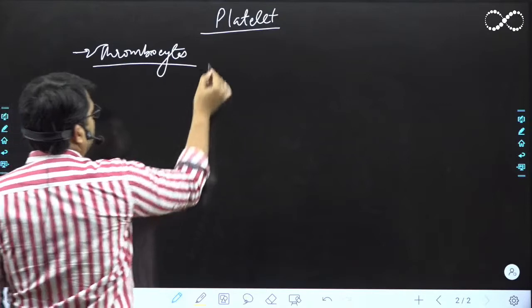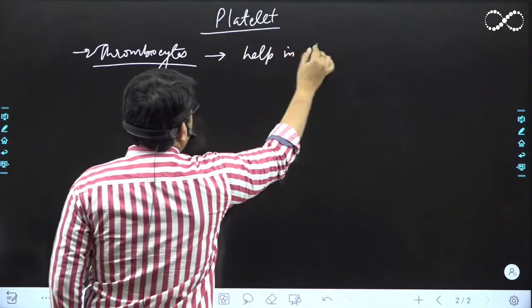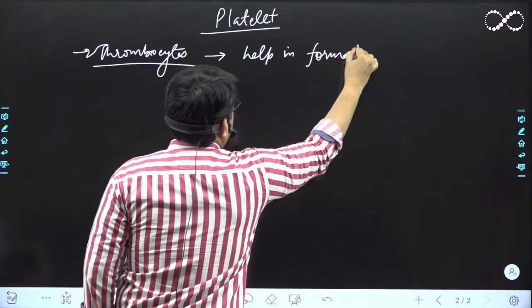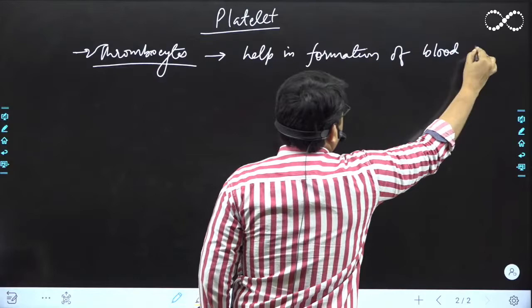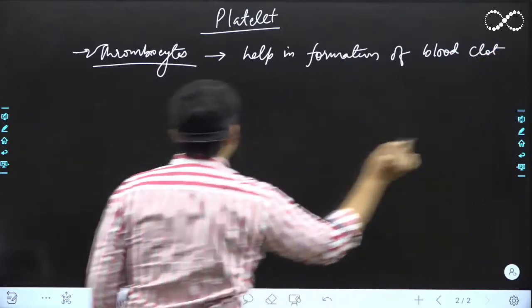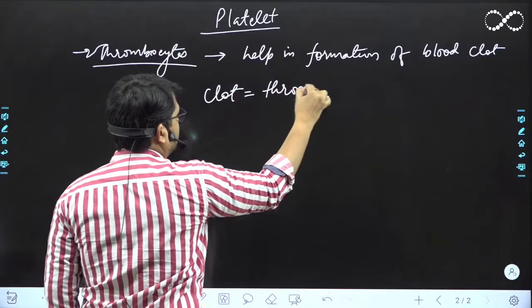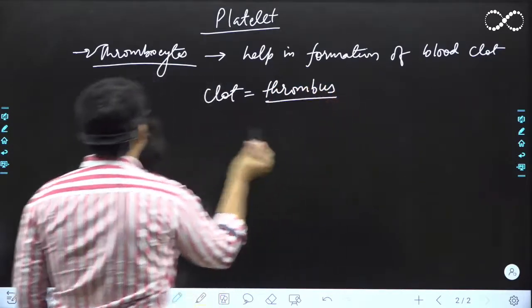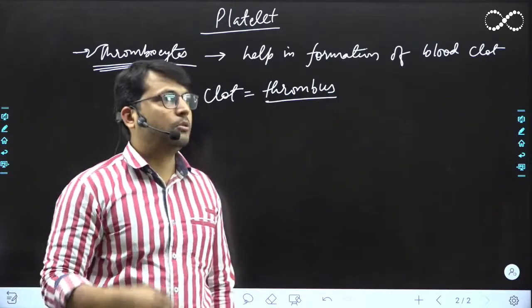Why? Because they help in formation of blood clot. मजे की बात देखो, क्लॉट को हम लोग थ्रोम्बस भी बोलते हैं. आप समझ में आया कि नाम थ्रोम्बोसाइट क्यों पड़ा है ना? ब्लड क्लॉट को हम लोग थ्रोम्बस भी बोलते हैं.